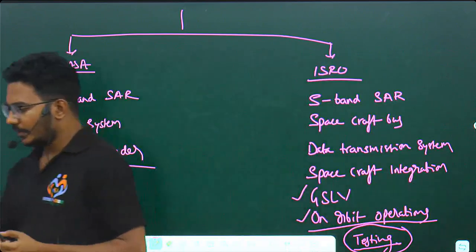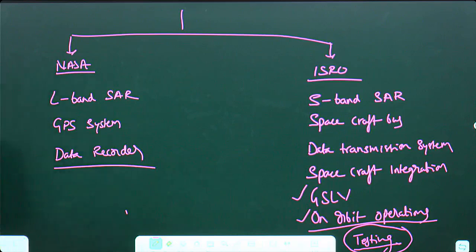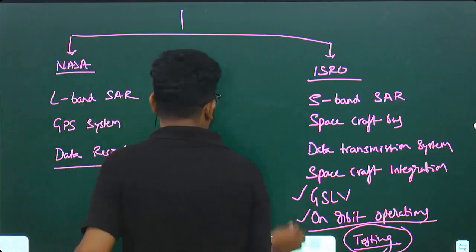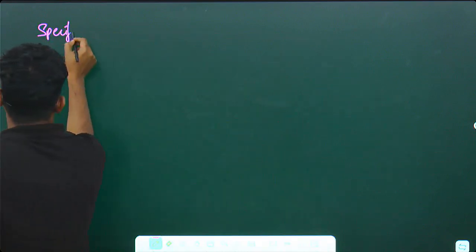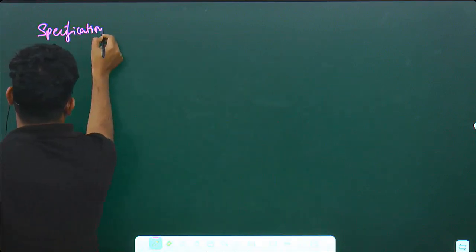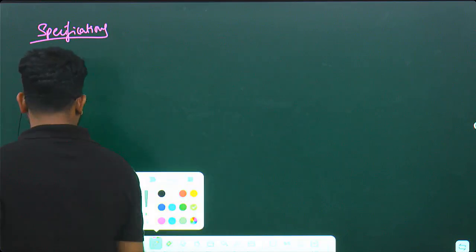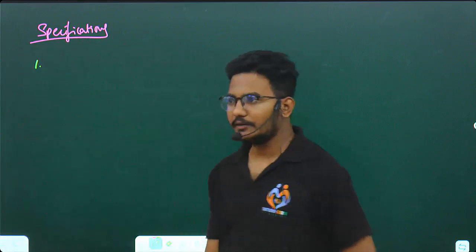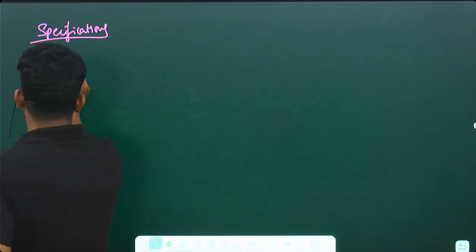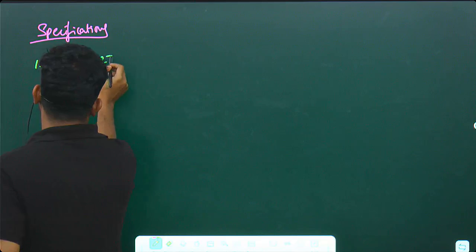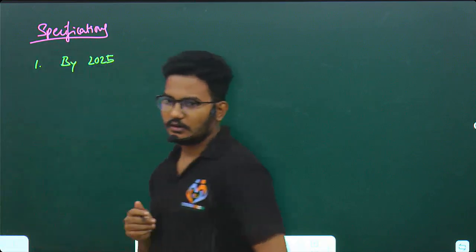Now write down the specifications of this NISAR. First one: by 2025, which means this year, they are soon going to launch this.